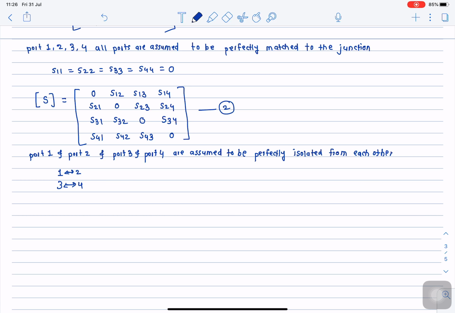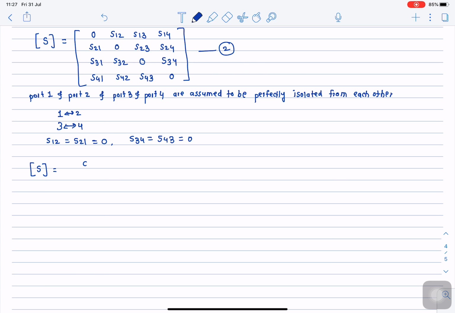The equation for scattering matrix: S is equal to 0, S12 is 0. S13 as it is, S14 as it is. S21 now is 0, S22 is already 0, S23 as it is, S24 as it is.